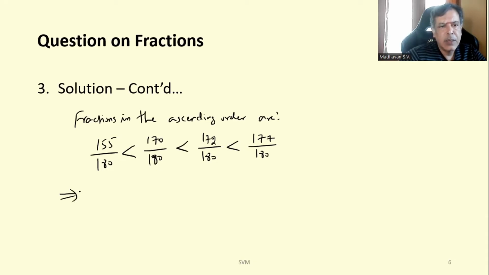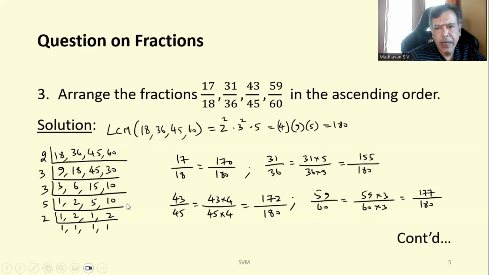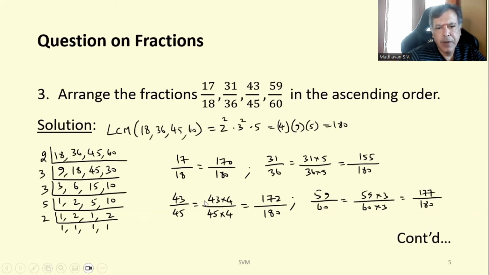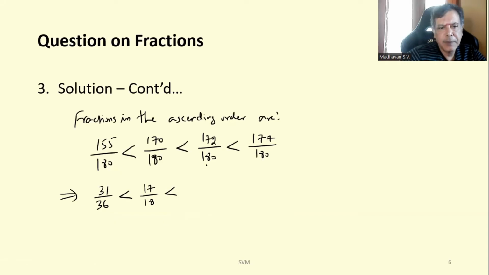Which means, let us go back to the original numbers. 155 by 180 is 31 by 36. 170 by 180 is 17 by 18. 172 by 180 is 43 by 45.